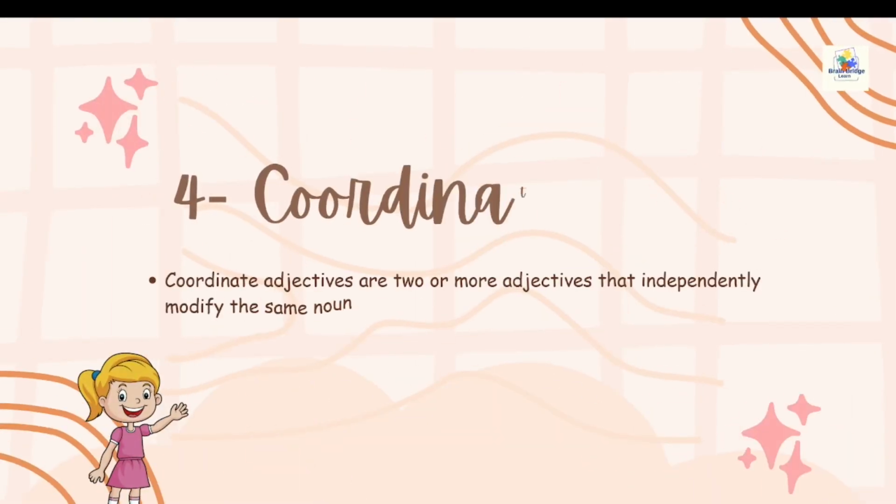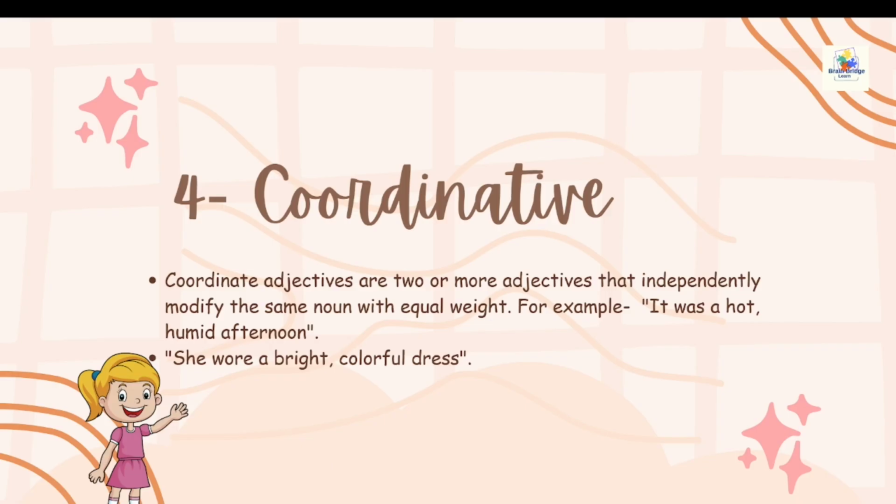Next we move on to coordinative. Coordinative adjectives are two or more adjectives that independently modify the same noun with equal weight. For example, it was a hot, humid afternoon. She wore a bright, colorful dress.